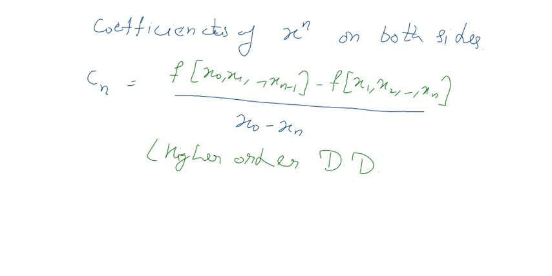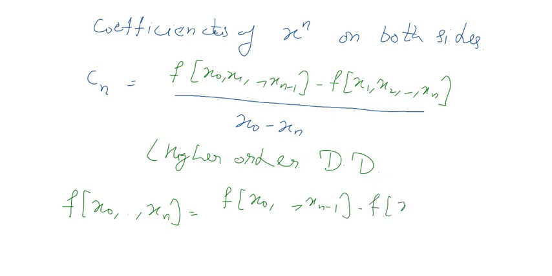So we have obtained the following formula: f of x0 to xn is equal to f of x0 to xn minus 1 minus f of x1 to xn, divided by x0 minus xn. Right. So this we are going to use in Newton's interpolating polynomial.